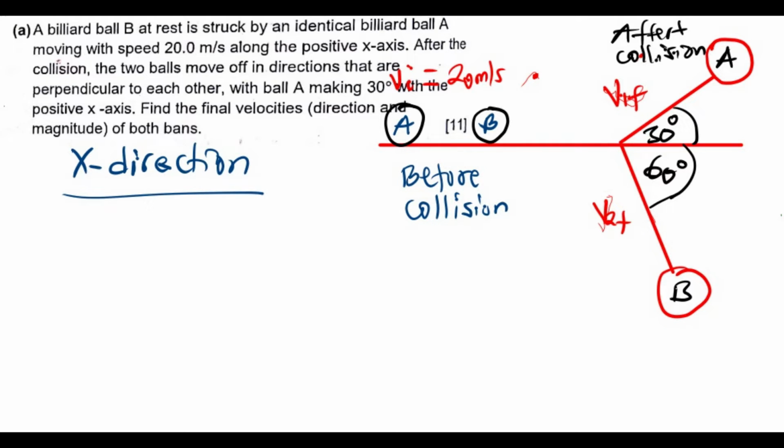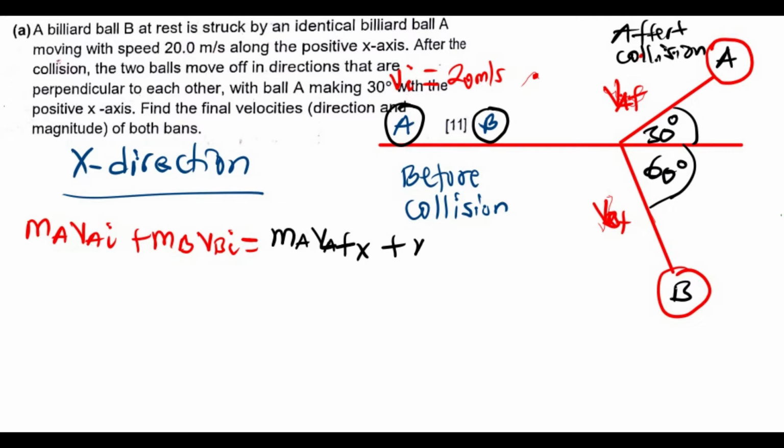So in the x direction, initially we have both A and B. I'm going to say mA vA initial plus mB vB initial should be equal to mA vA final, in the x direction, plus mB vB final, now in the x direction.